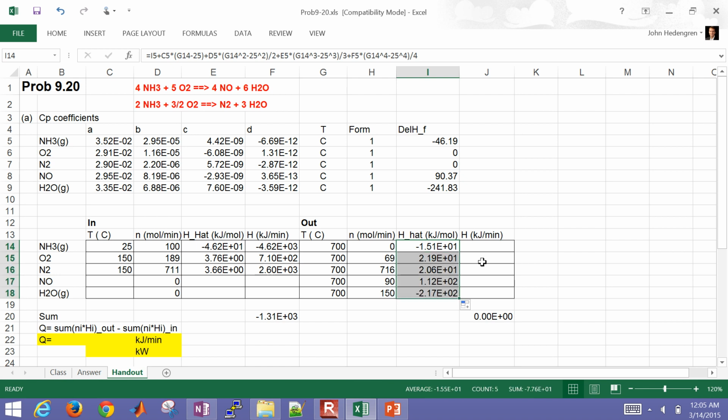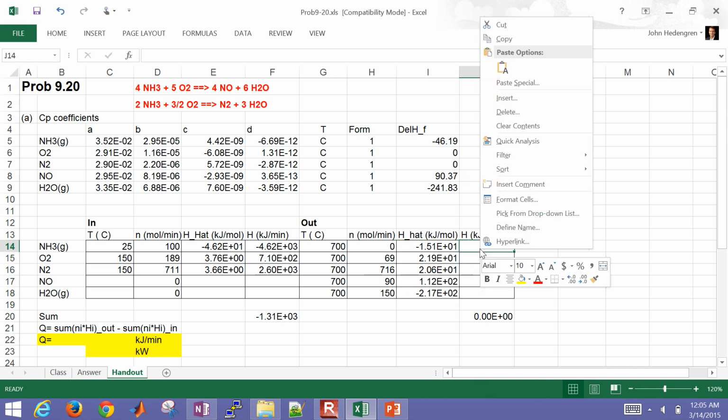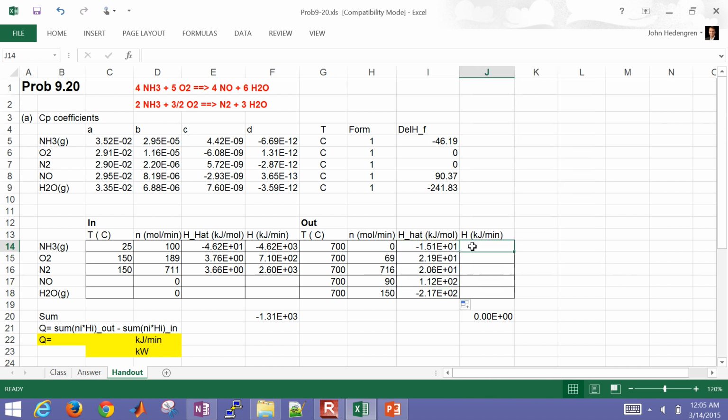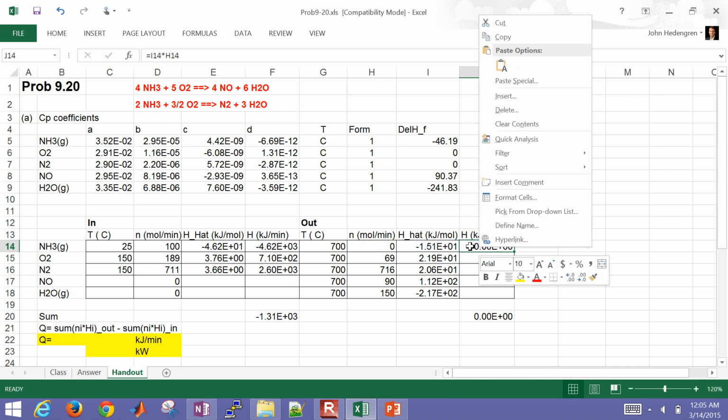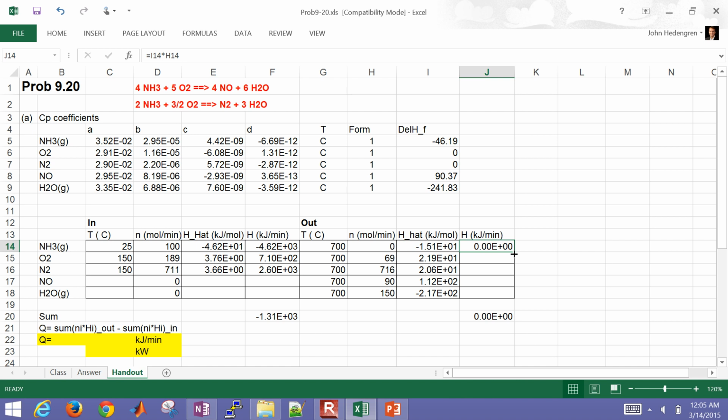So there I have my H hat, and now I want to do my specific times my molar flow rate. That's going to be 0 because I had 0 that was leaving. Go ahead and double click that as well. So this is my total enthalpy leaving, and this is in. Now my delta H is going to be the difference between those two, so I'm going to do my out minus my inlet.